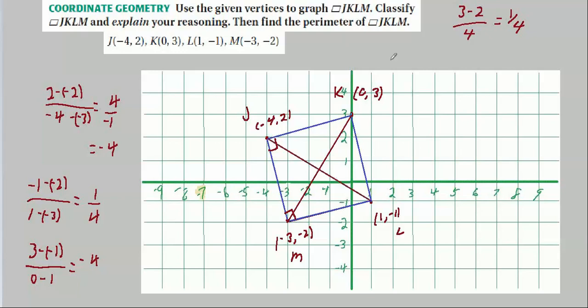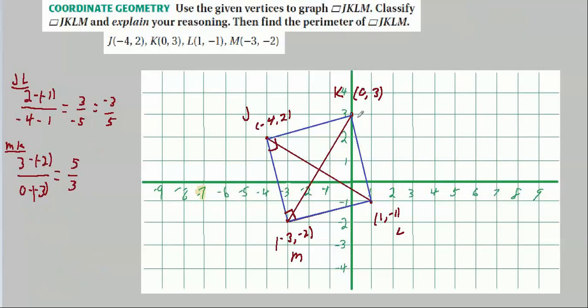So let's check the slope of these two diagonals. If they turn out to be perpendicular to each other, we have a square. If not, we have a rectangle. And I think it's pretty easy to check the slopes of these two diagonals. For, let's say JK, we get 3 minus 2.